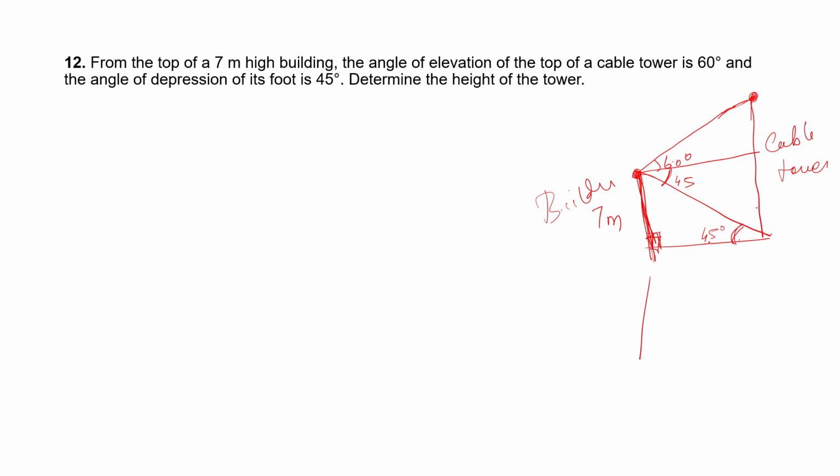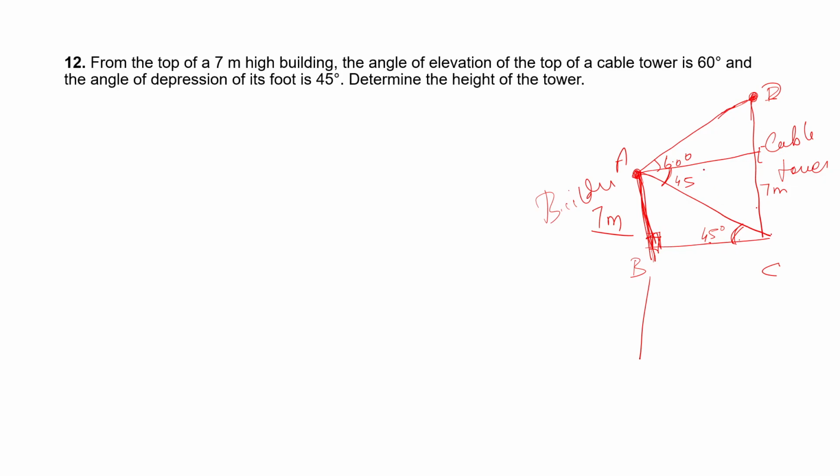This is also 45 then. Now we can name it A, B, C, D and E if required here. So this is done. Now I'll take the triangle. If this is 7, this side is also 7 meter.